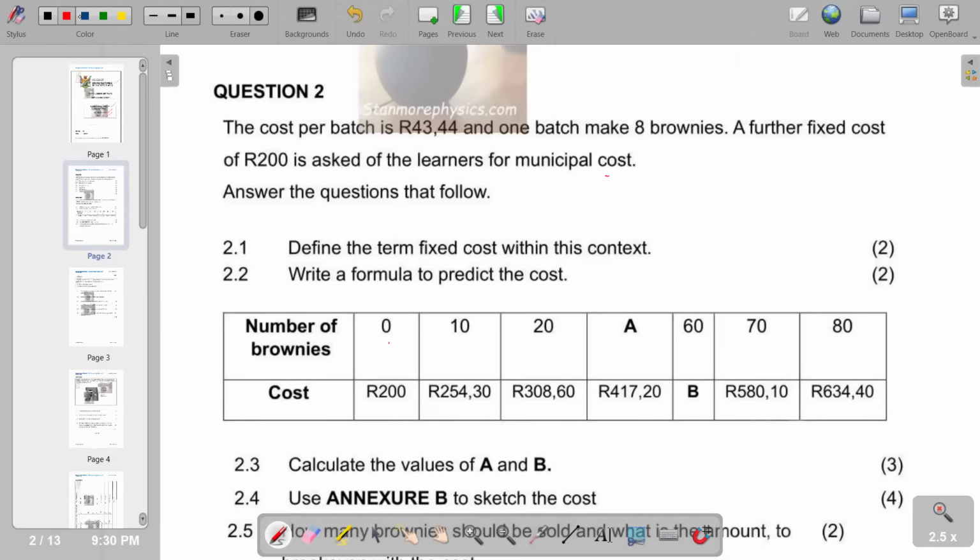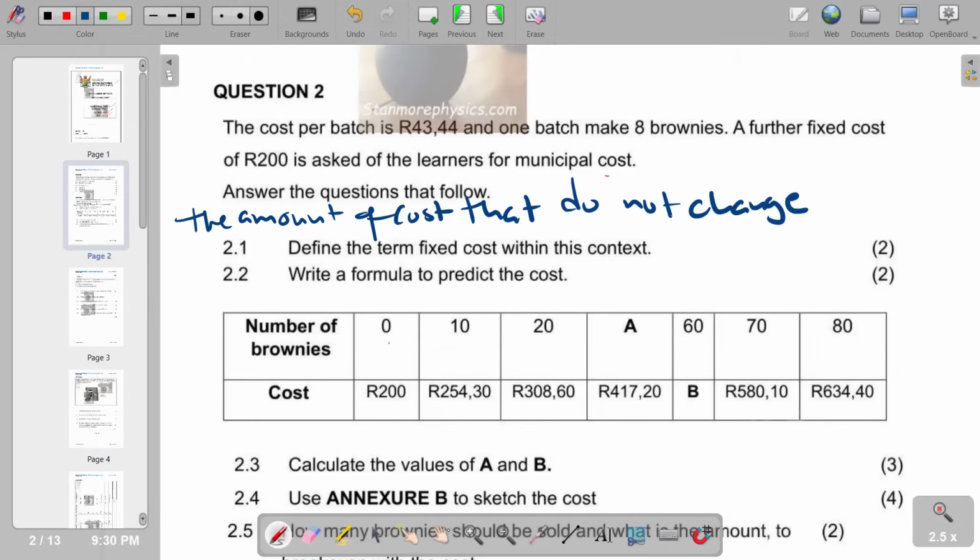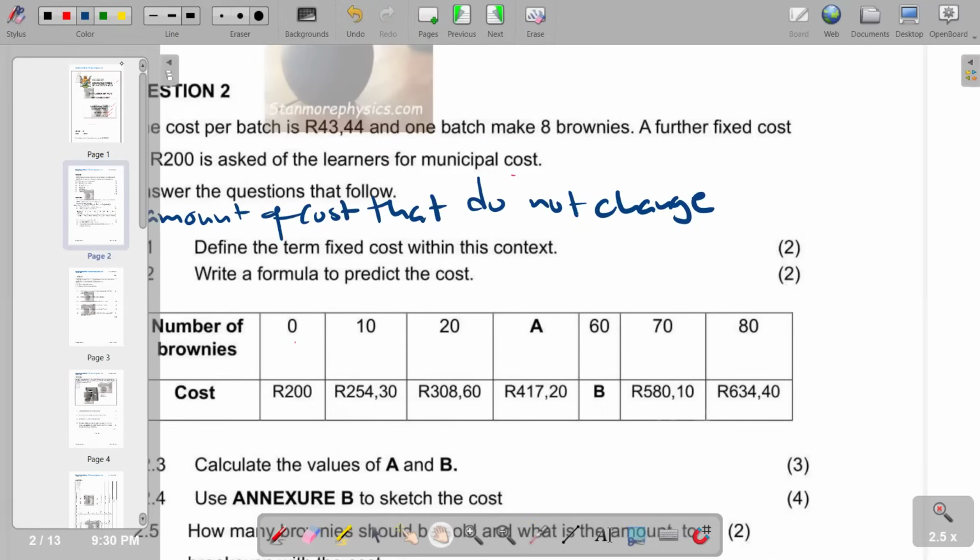Putting it down, fixed cost is the amount of costs that do not change with the number of brownies.